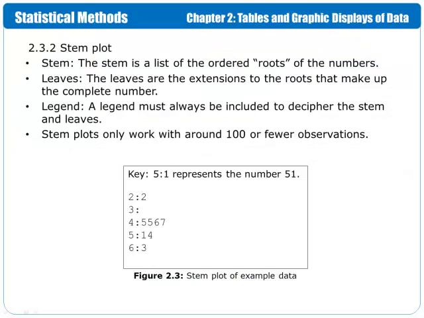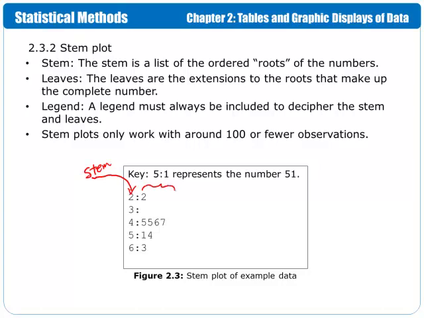A stem plot is another basic graph. It too should only be used if you have 100 or fewer observations. There are several different aspects of a stem plot. There's the stem, which is a list of the ordered roots of the numbers. So for example, right here, that first column of numbers is our stem, followed by leaves, which are the extensions to the roots that make up the completed number.